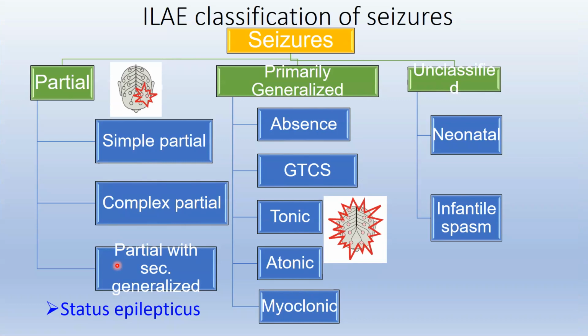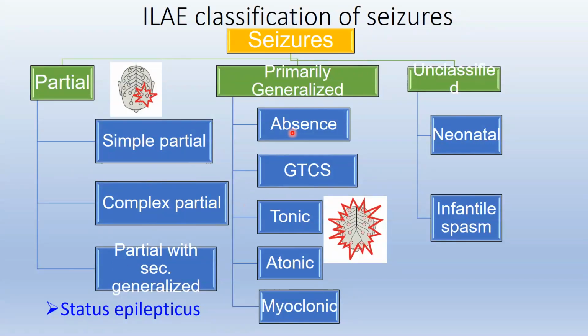Let us now know what is a partial seizure, primary generalized seizure, and an unclassified seizure. Usually, partial seizure involves a small area of the brain and is further classified into simple partial, complex partial, or partial seizure with secondary generalized seizures.